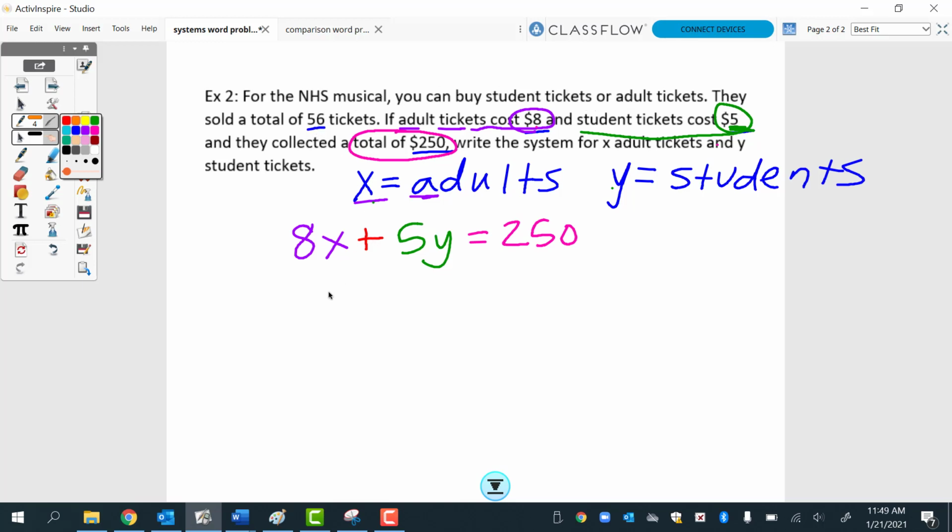That means adults plus students equals 56. If you just have one number left over like that, usually that means I don't put a number with my X or Y. They're just adding up to this total number of things. So these are my 2 equations.